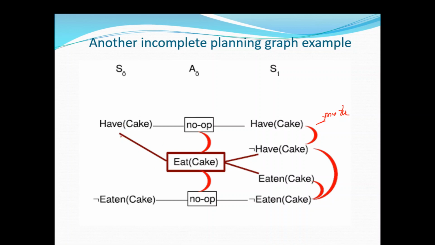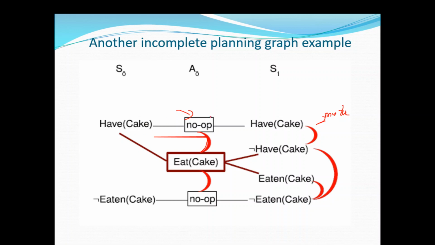So for example, if you have cake, you eat cake. Or if you have cake, you don't perform any operation, you continue to have cake. You are not going to eat it. Now these two tasks cannot happen simultaneously.